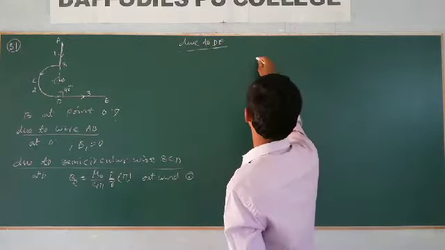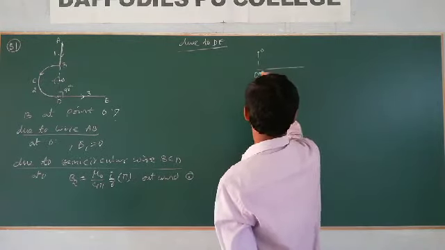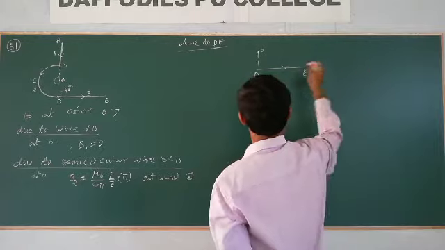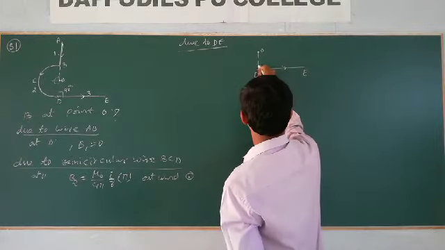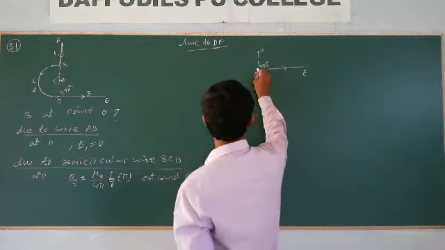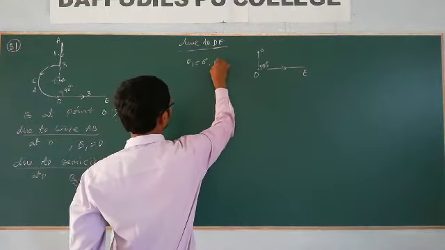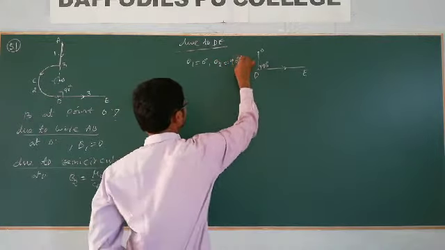Now let me take here this O, and here it is D, and here it is E. Now what you can observe is theta 1 is equal to 0 degrees and theta 2 is equal to 90 degrees.